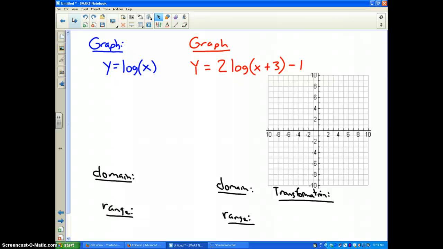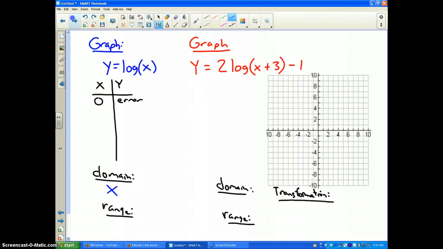All right, first of all, let's graph the parent function, y equals log of x. And so I'm going to fill in x and y. And what we're going to do is type that equation in on our calculator and go to our table. Well, you notice if x is 0, it says error. Can't do it, because remember our domain, you have to pick all numbers that are greater than 0.